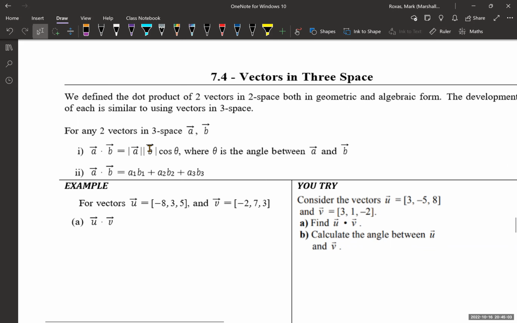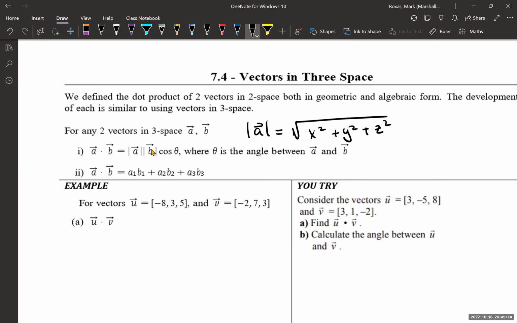So remember, the magnitude of A would be the square root of the x component squared plus the y component squared plus the z component squared when you're dealing with 3D vectors. But other than that, the geometric dot product formula is the same.